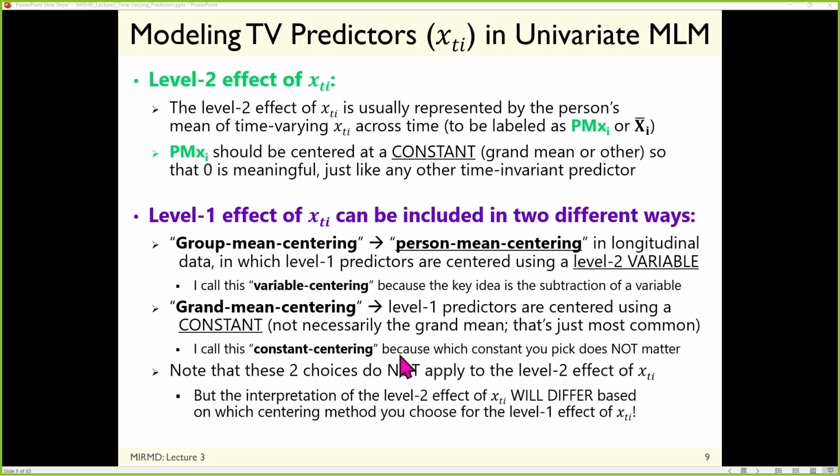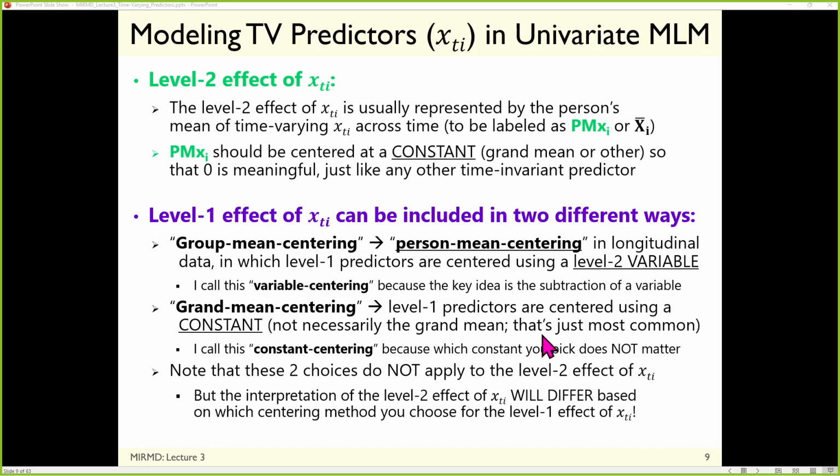For what we're talking about here, this idea of splitting up between-person and within-person predictor variance, what constant you pick is irrelevant to that. The tricky part of this is that we will stumble into situations in which, even with a different version of the level 1 predictor, it has the same effect. But at level 2, it's the same predictor, and it carries a different effect in each case. It's very confusing at first.